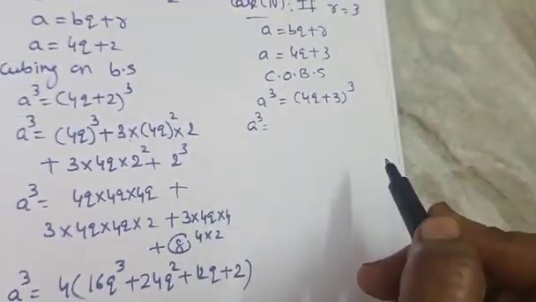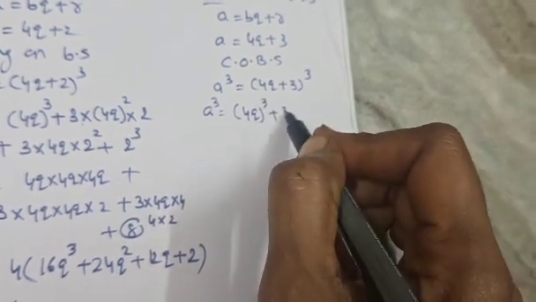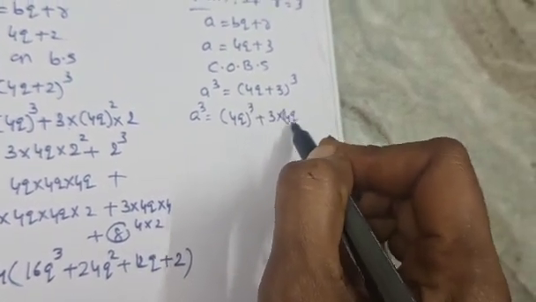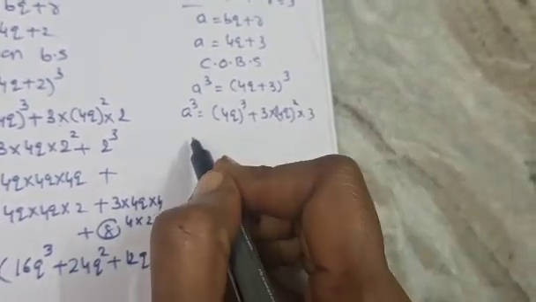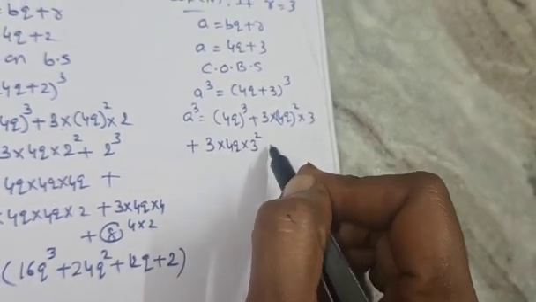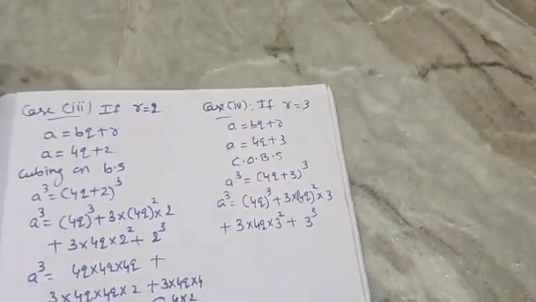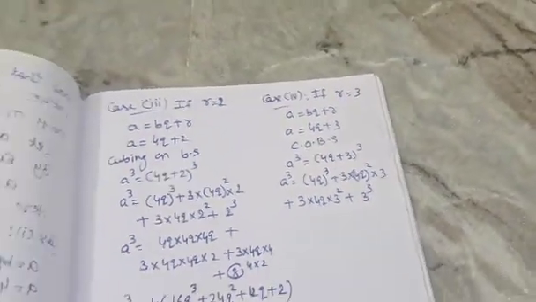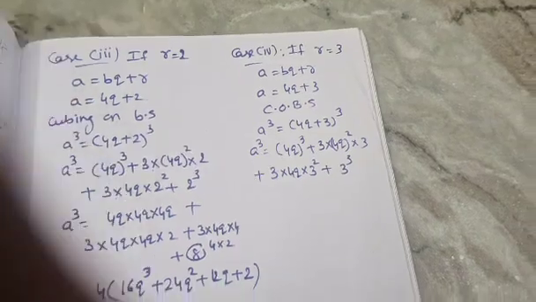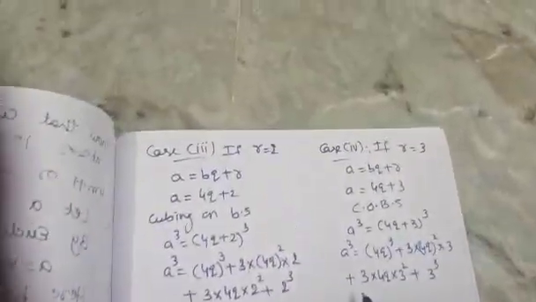a cube equal to a plus b whole cube formula: a cube plus 3a square b plus 3 into a into b square plus b cube. So here again we have to expand this.